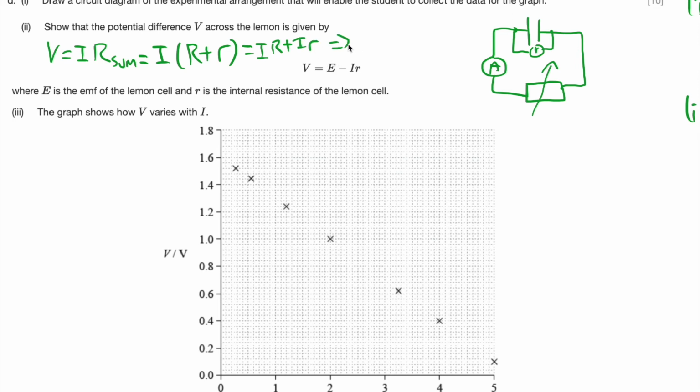So this tells us that E is going to be equal to this plus this. So V in this case is equal to E minus Ir.